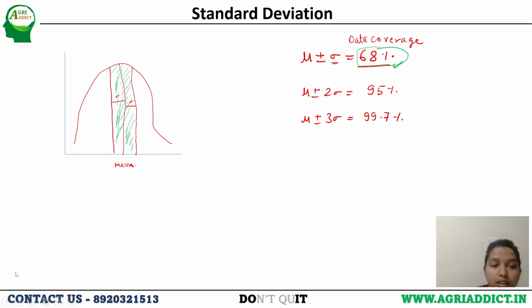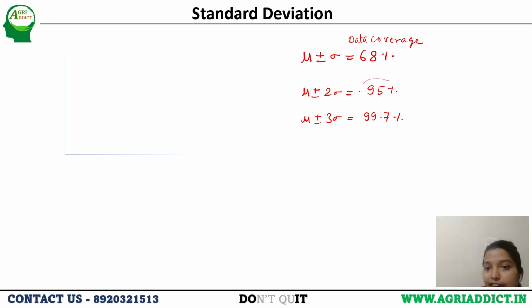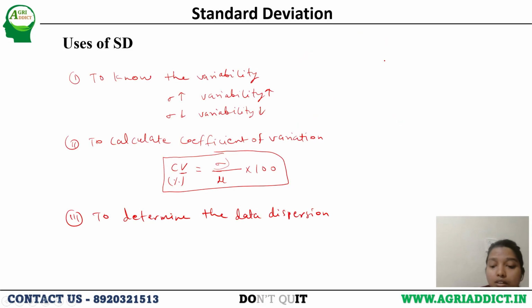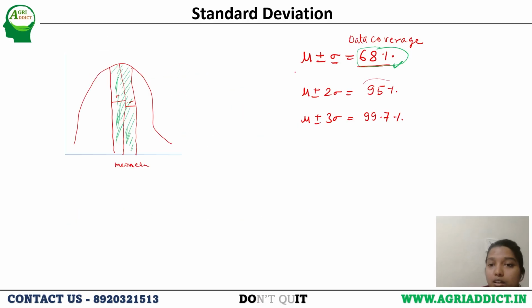Now let's come to the second scenario. Second scenario tells that mu plus or minus 2 sigma would cover 95% data. Now we'll be drawing this. 2 sigma either gets subtracted or gets added.